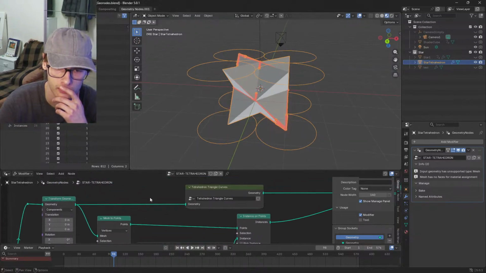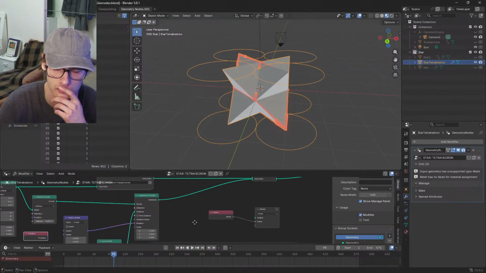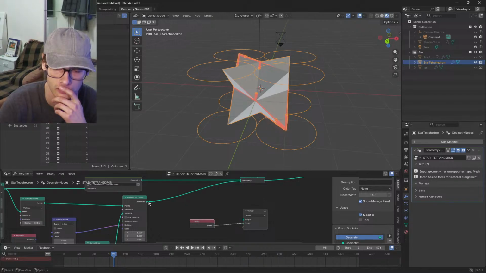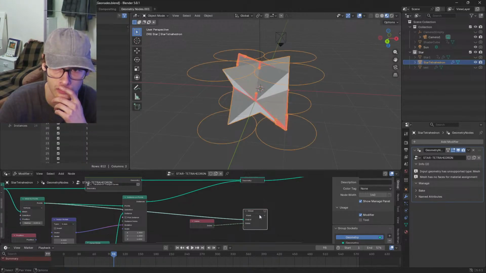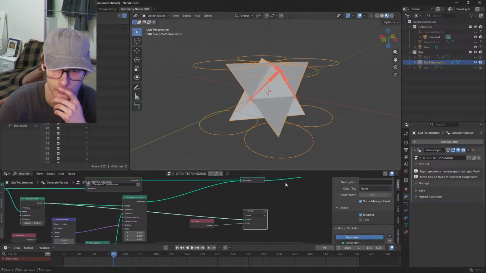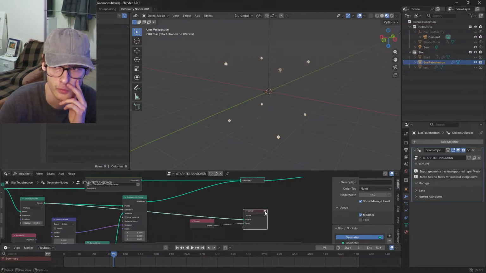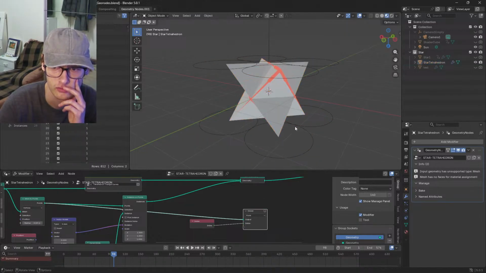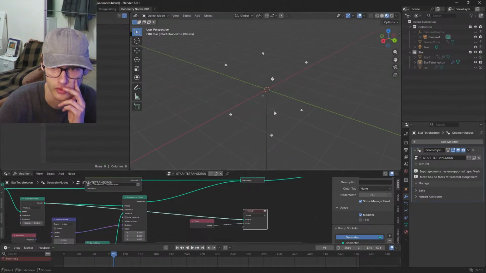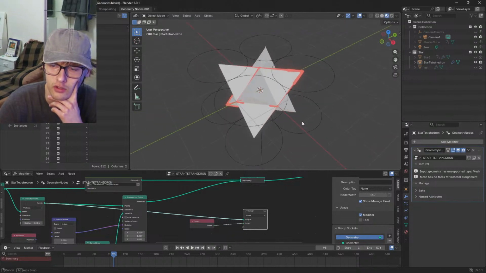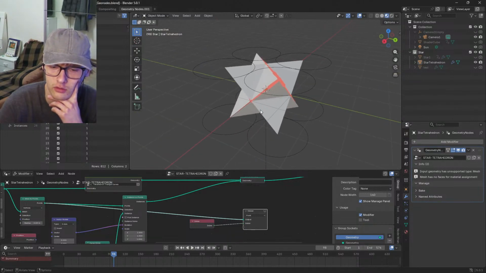Let's think about this. So if you start at point 0, which has a location of, actually, no, I want to start with this point. Point 7 is positive in all 3 dimensions.